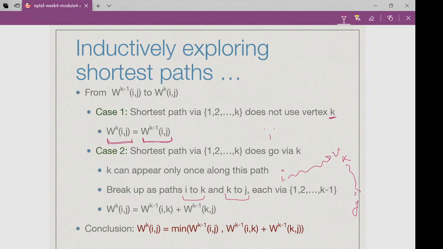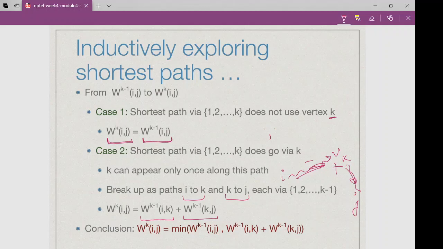So the shortest path weight at the kth position is W_(k-1)(i,k) plus W_(k-1)(k,j). These are the only two possibilities.